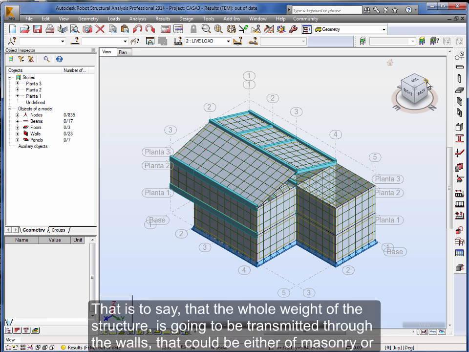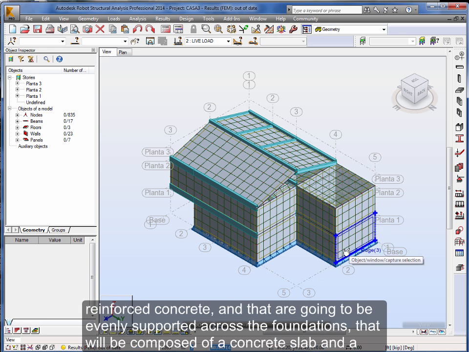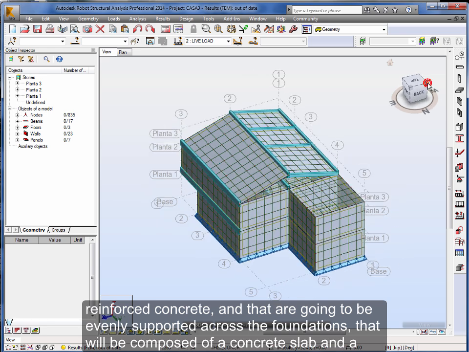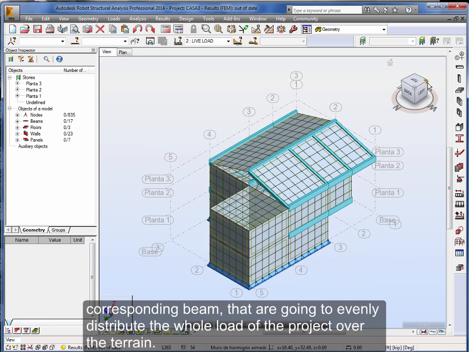That is to say, the whole weight of the structure is going to be transmitted through the walls, that could be either masonry or reinforced concrete, and that are going to be evenly supported across the foundations, which will be composed of a concrete slab and a corresponding beam, that are going to evenly distribute the whole load of the project over the terrain.